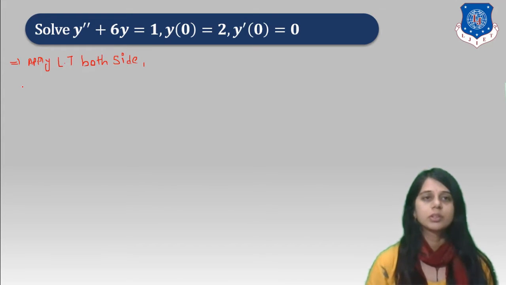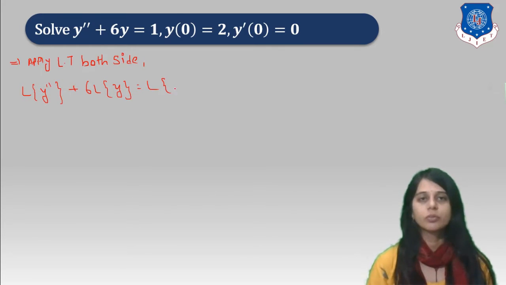Okay, so it is Laplace of y double dash plus 6 Laplace of y equal to Laplace of 1. S square y of s minus s y of 0 minus y dash 0 plus 6 y of s equal to 1 by s.